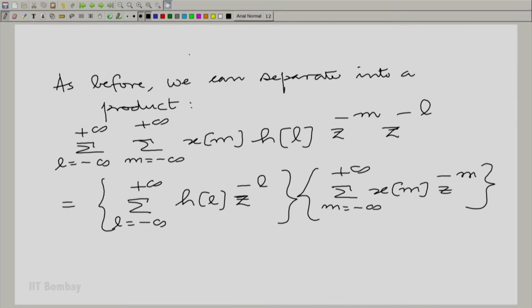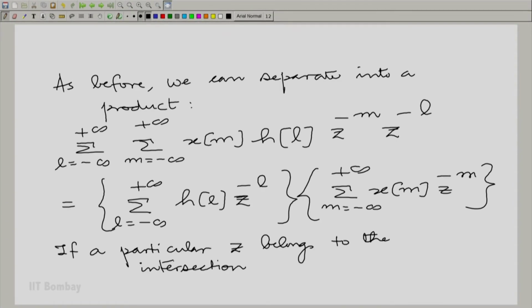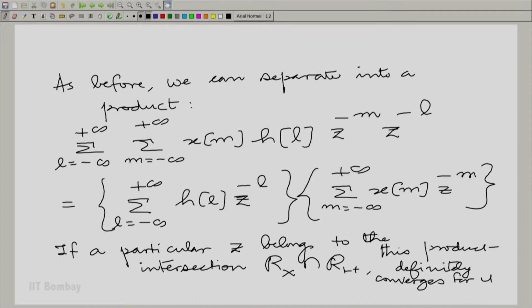And once again, it is very clear that if a particular z belongs to the intersection, R x intersection R h, this product definitely converges for that z.